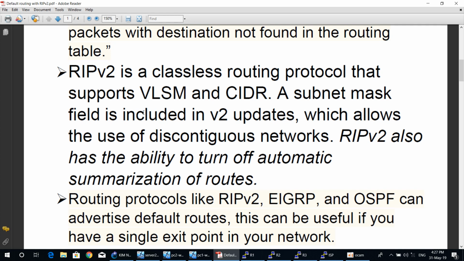A subnet mask field is included in the RIP version 2 update, which allows the use of discontiguous networks. RIP version 2 also has the ability to turn off automatic summarization of routes. Routing protocols like RIP version 2, EIGRP, and OSPF can advertise default routes. This can be useful if you have a single exit point in your network.